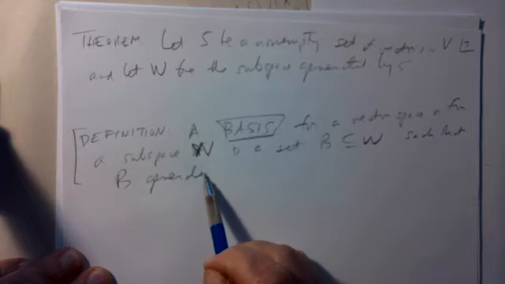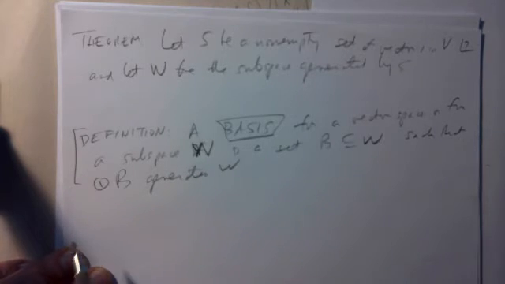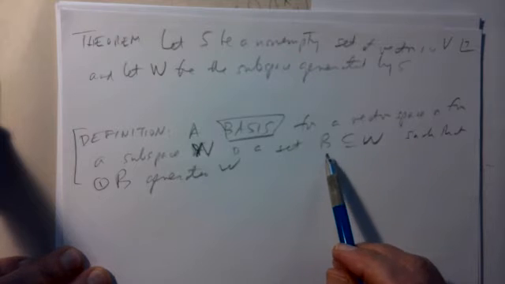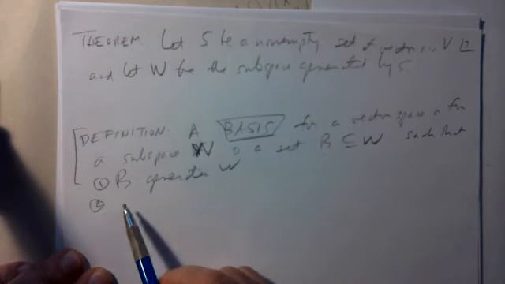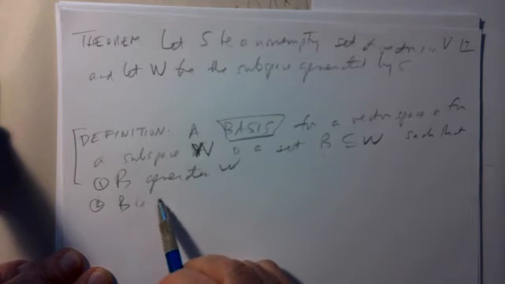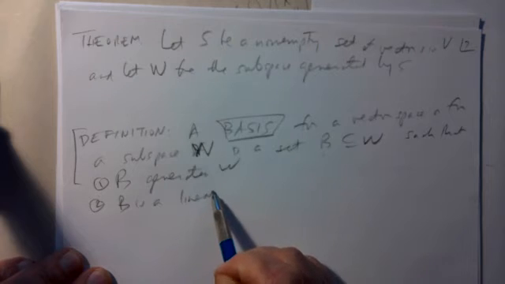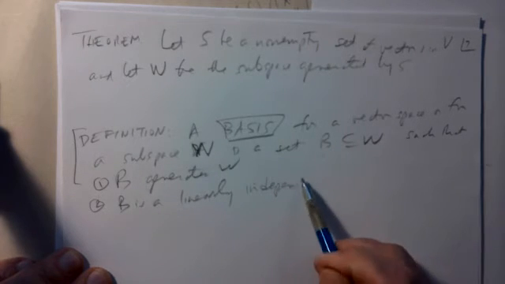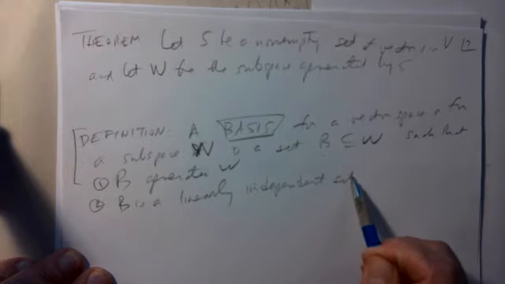First, B generates W, so every vector in W is a linear combination of the vectors in the basis. And second, B is a linearly independent set of vectors.